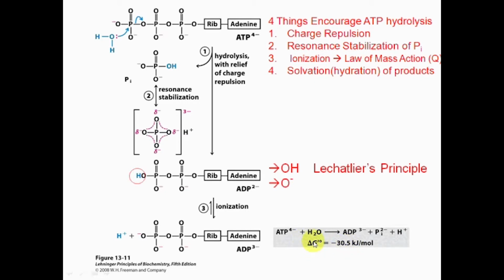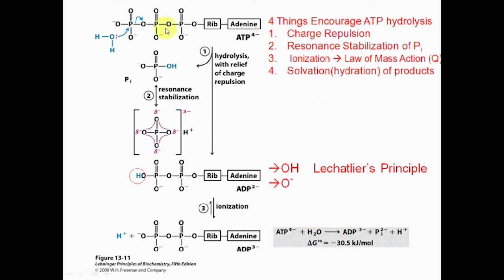But remember, the delta G is negative 52. So this reaction is very spontaneous. The hydrolysis of ATP is going to proceed very favorably towards products. And there are 4 things that make this reaction occur so favorably.